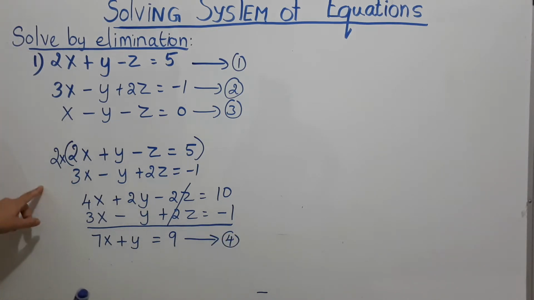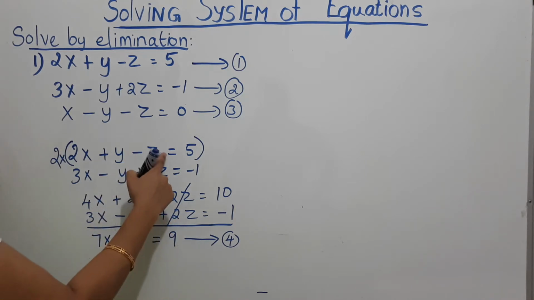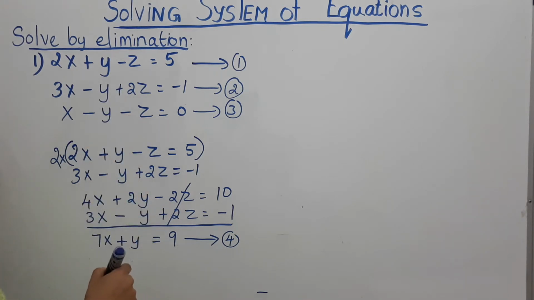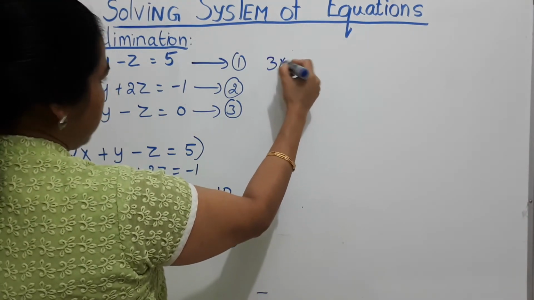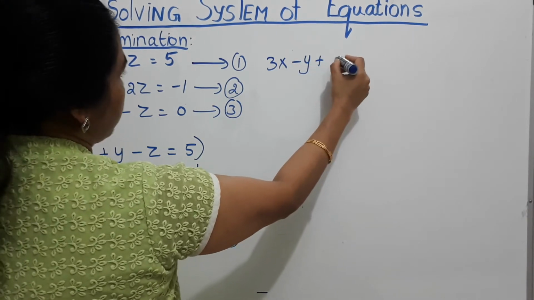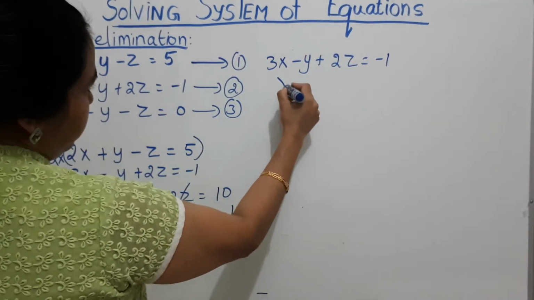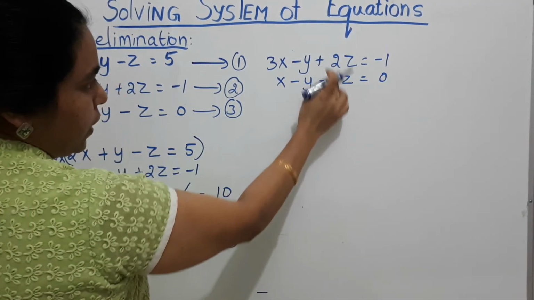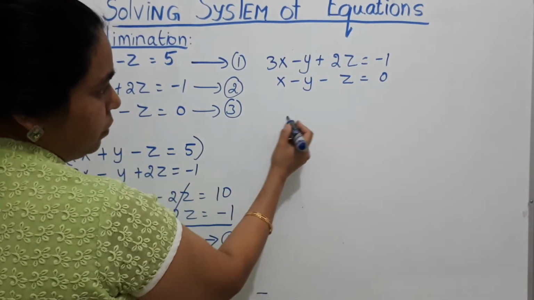Now you have to take the second equation and also the third equation to get an equation like this. Since you eliminated z from the first two equations, you also have to eliminate z from the second and third. So we write the second and third equations: 3x minus y plus 2z equals -1, and x minus y minus z equals 0.